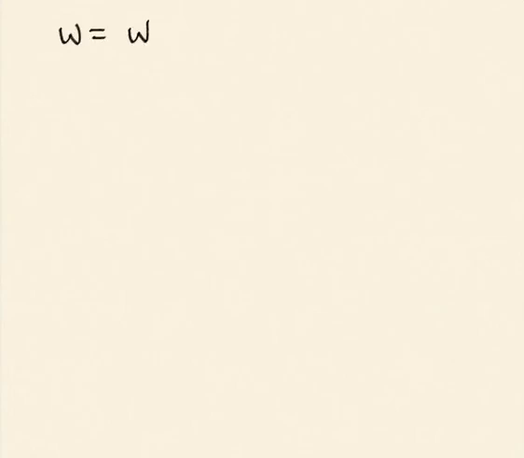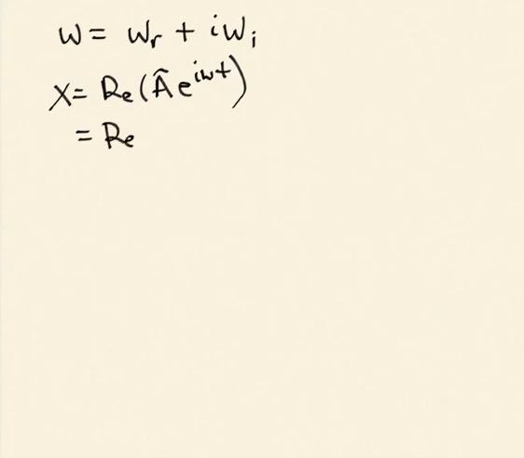You'll have a real piece of the frequency, and an imaginary piece of the frequency. So if I go back to my ansatz, my form of the solution, x is equal to the real part of a twiddle e to the i omega t. Let me take it one step further. As before, I can write the real part of a twiddle magnitude e to the i omega t plus some phase.